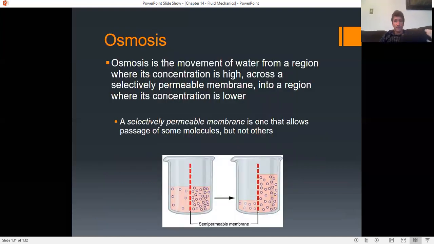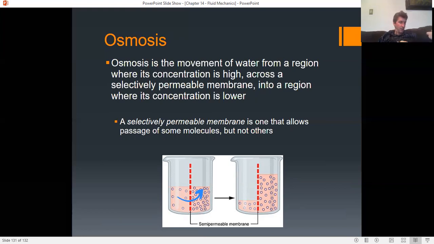If I have a semi-permeable membrane that only allows the liquid and not other dissolved things like ions through, you will actually get the liquid migrating this way. Because again, the concentration of solvent molecules is greater on the left side than the right side, and it will move to the right to try to balance the concentration.